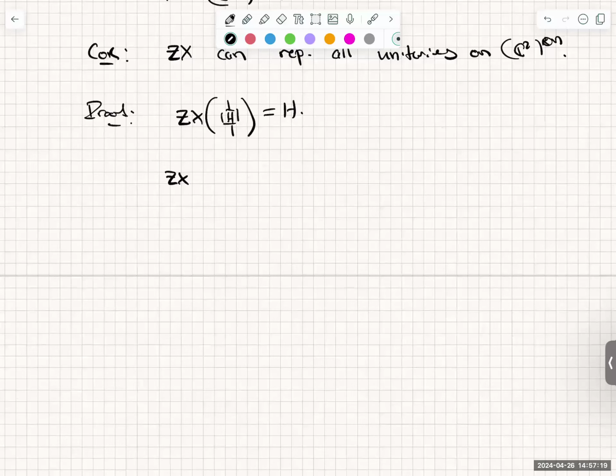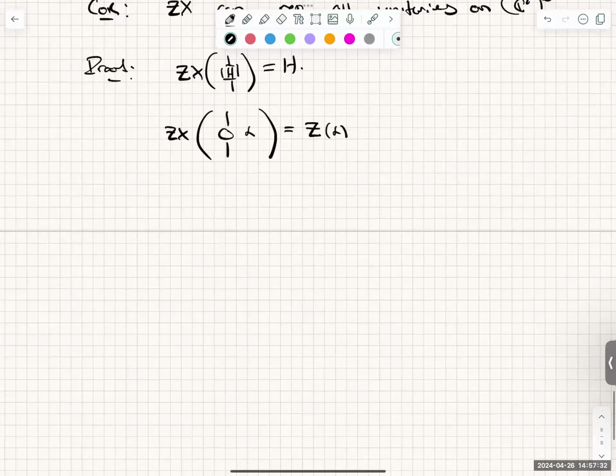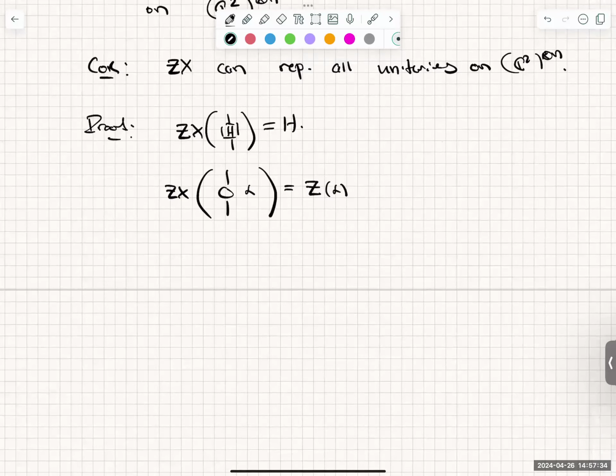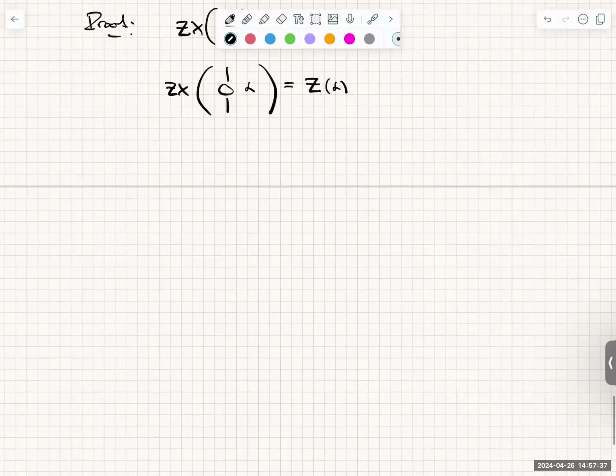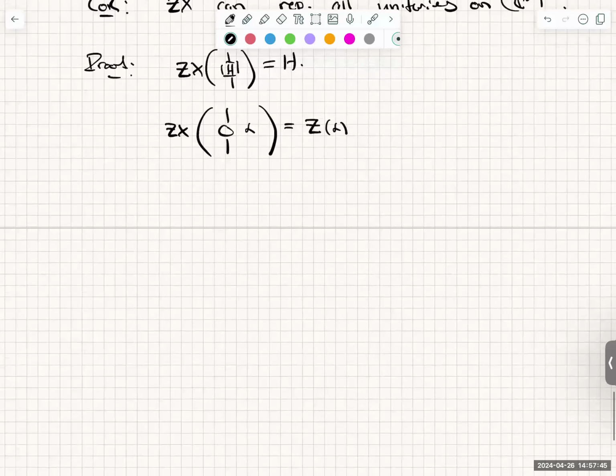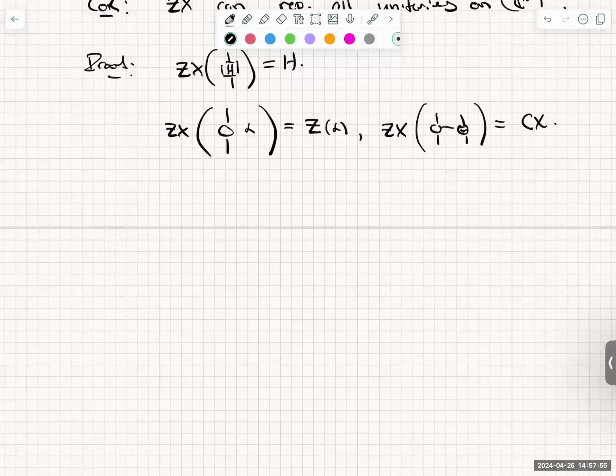You have that ZX of this map right here is precisely Z alpha, or I think I wrote it like this, right? Okay. And then there's also the C-NOT, which ZX of is CX.